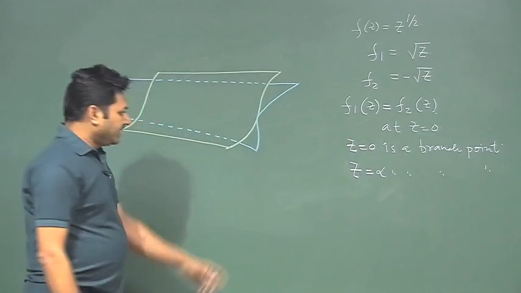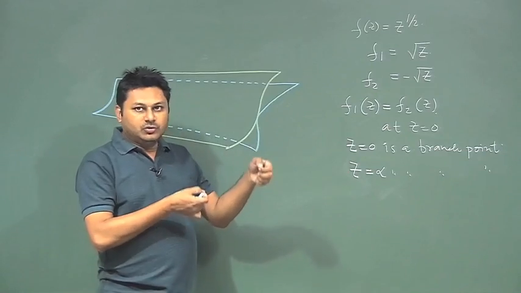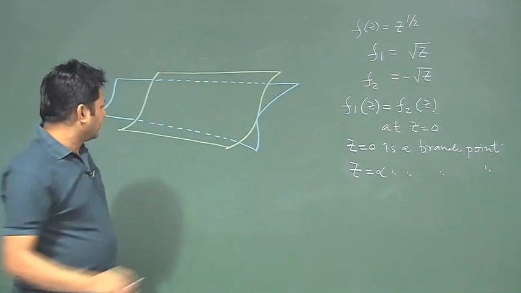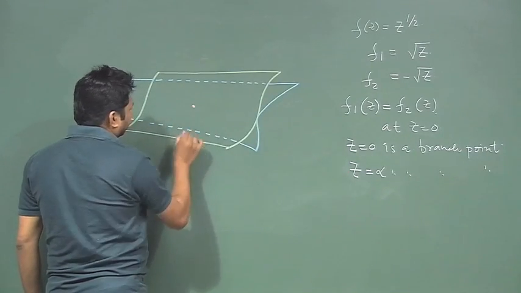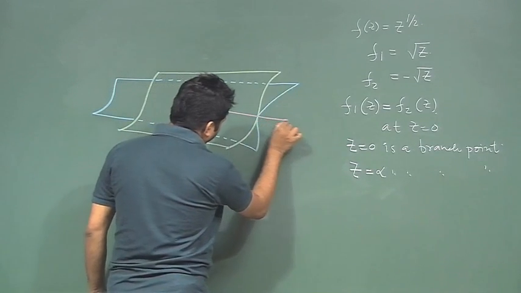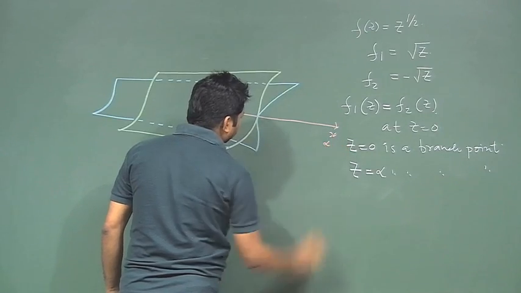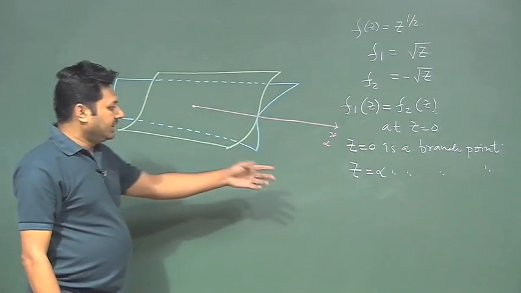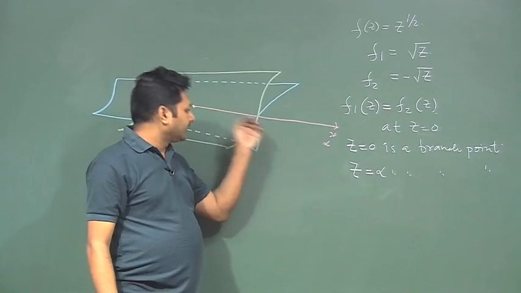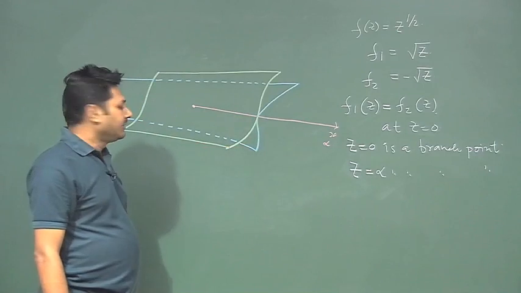Now, since I have the two branch points, if I glue them, say this is my z equal to 0 point, and this is my positive x axis, which goes to infinity. I can go to infinity in any direction, mind it, but let us take the positive x axis as my direction of infinity for this case.